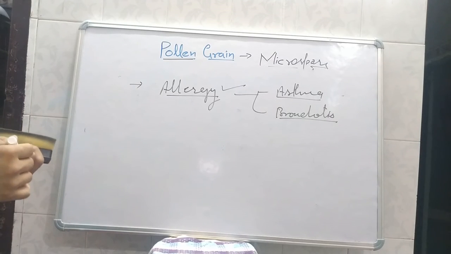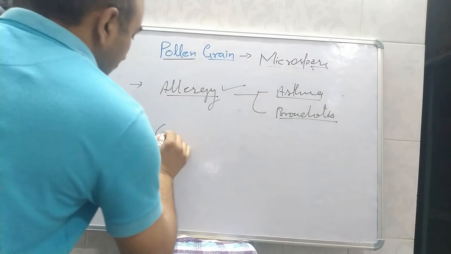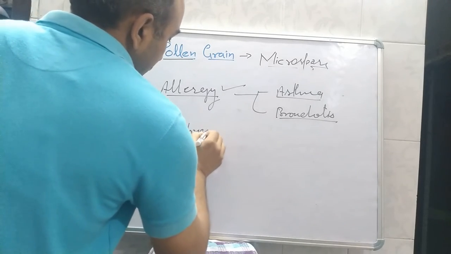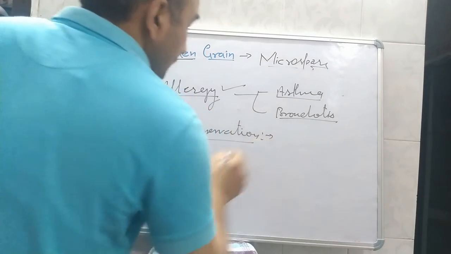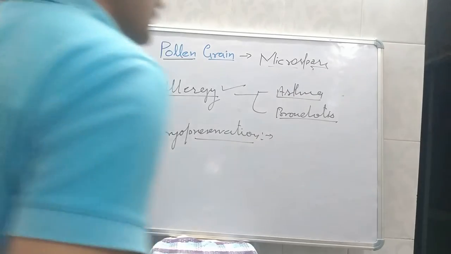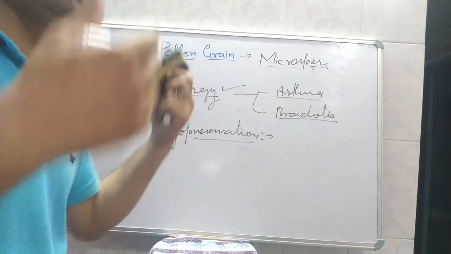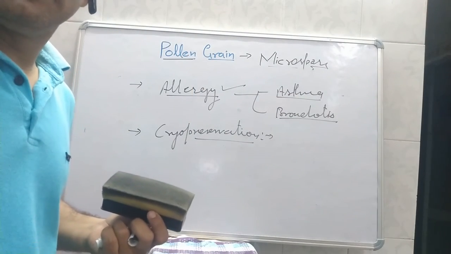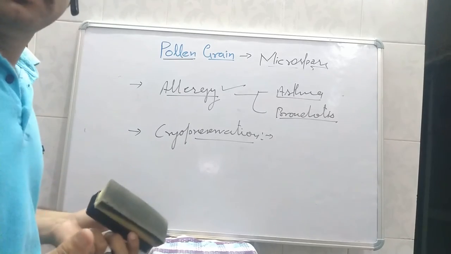And there is another topic which is known as cryopreservation. In your book, cryopreservation means the storage of germplasm. यदि पोलन ग्रेन, अगर हम लोग चाहते हैं कि ये पोलन ग्रेन बहुत दिनों तक जिंदा रहे, ठीक है, then we have to store them at a temperature which is equal to -196 degrees centigrade.